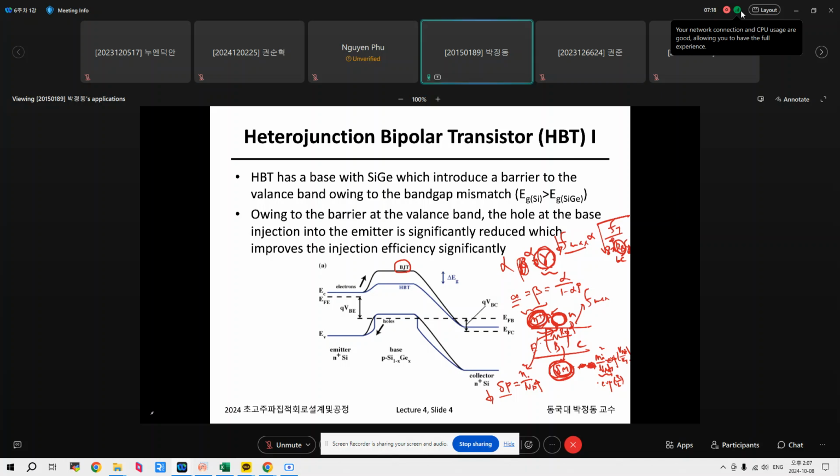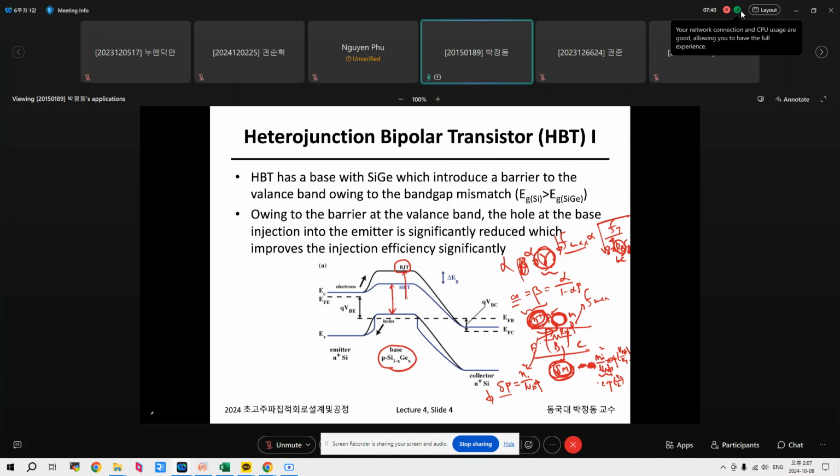However, if you use silicon germanium as a base, then the energy band gap becomes smaller. Just look at this BJT, which is silicon.